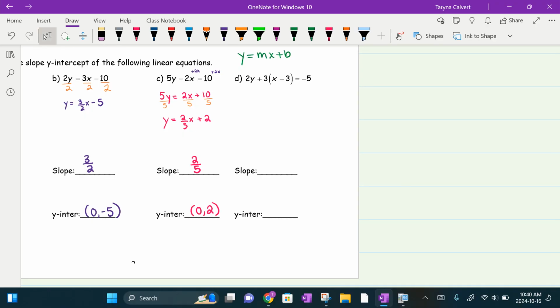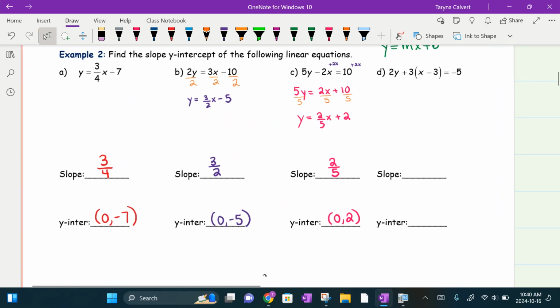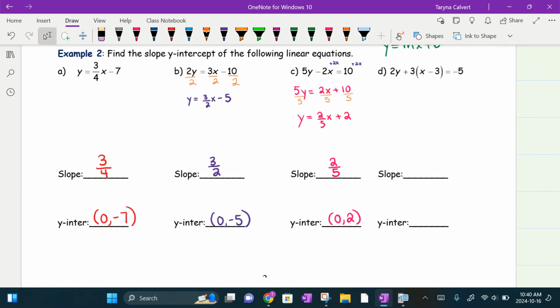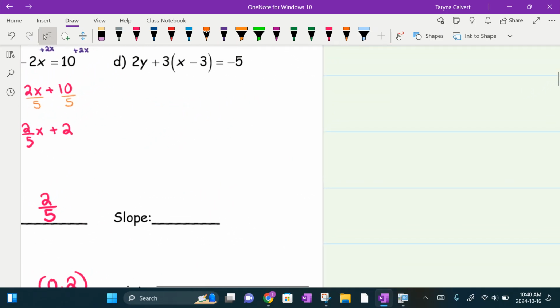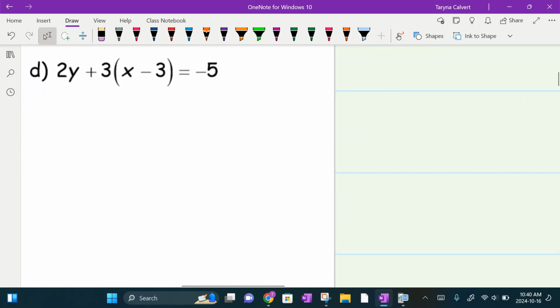All right. So far, so good, guys? All right, so then last little one, do we have quite a bit of cleanup to do here? Yeah, so we have to get rid of the brackets, right? So quite a bit to do, so let's get rid of the brackets first. So we're going to multiply the 3 into the brackets.